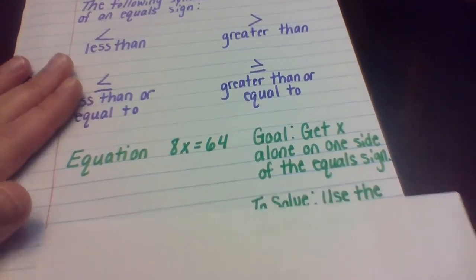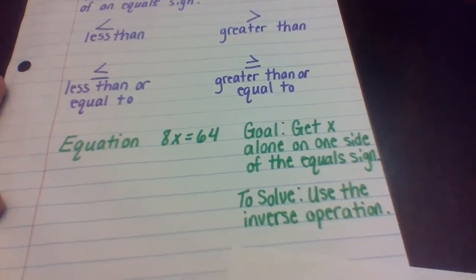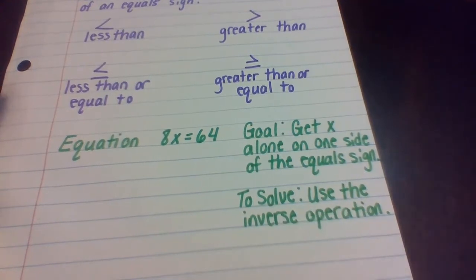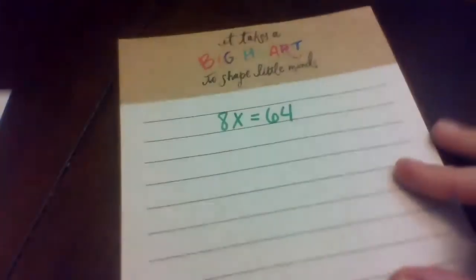And in order to do that, we're going to solve this by using the inverse operation. That means the opposite operation. So instead of taking the multiplication, which is what 8 and x is telling you to do, we're going to use division to solve, and I'm going to show you that here.